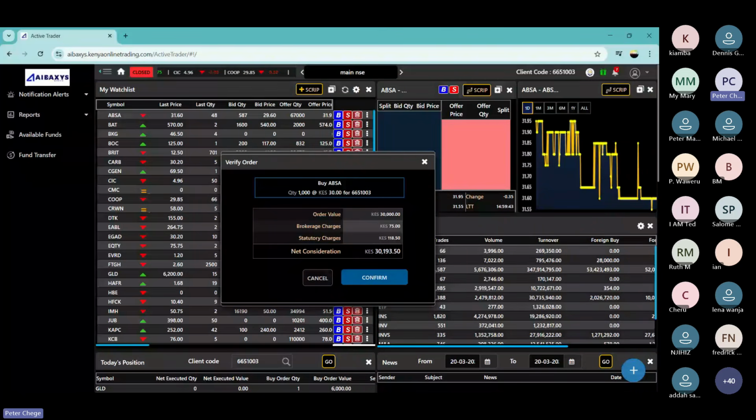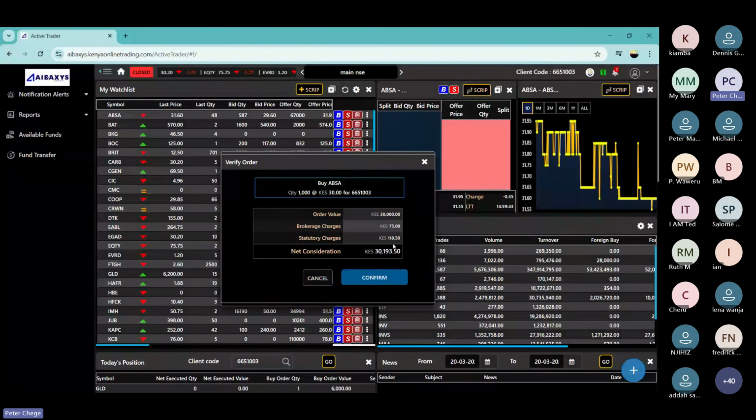The way it works, if I confirm this and it executes, your 30,000 will pay the person who has sold the shares intact. Then the brokerage charge is debited from the extra money you have in the account and posted on the broker account. Then statutory charges the broker will deduct and pay to CDSC.